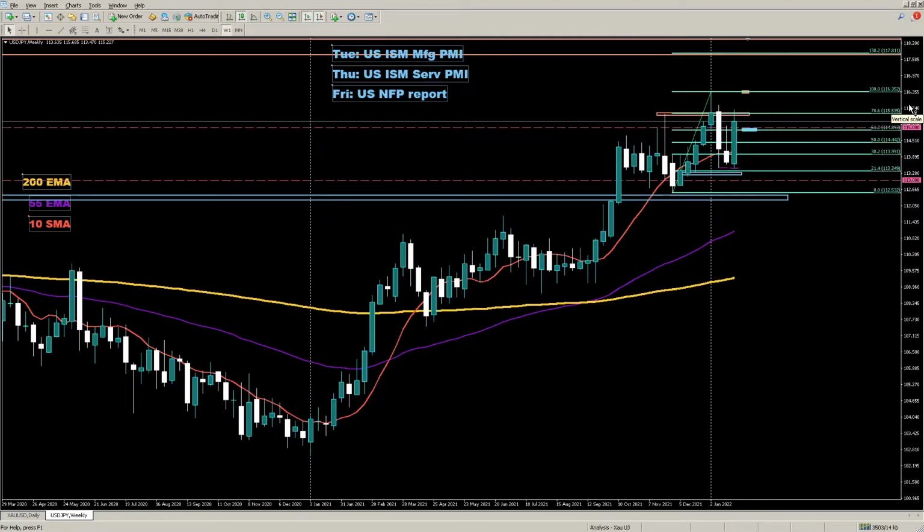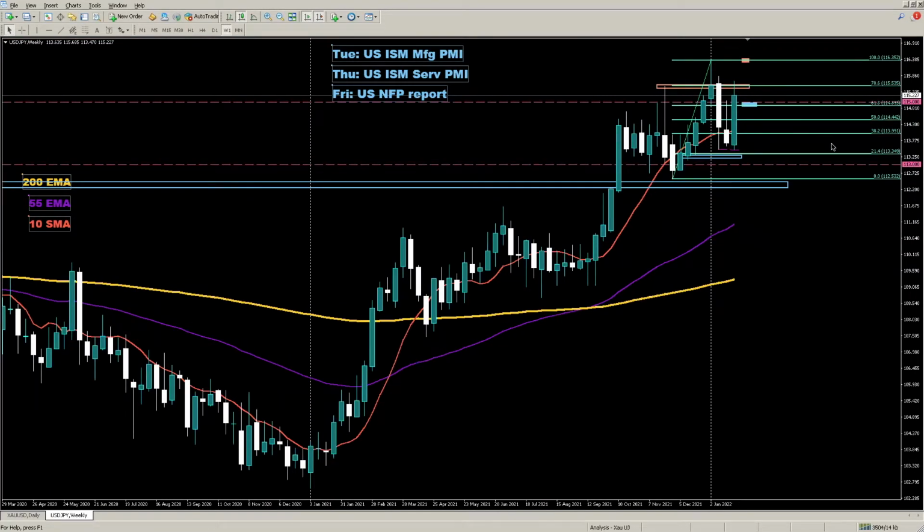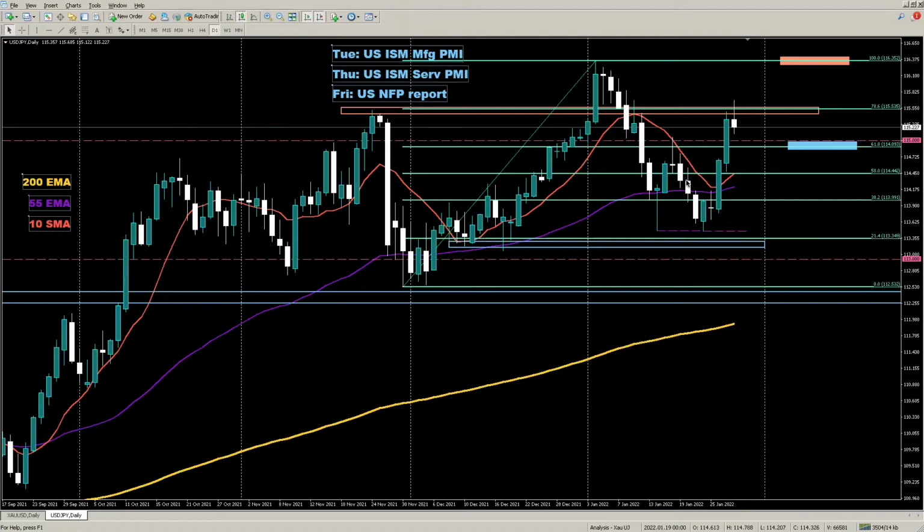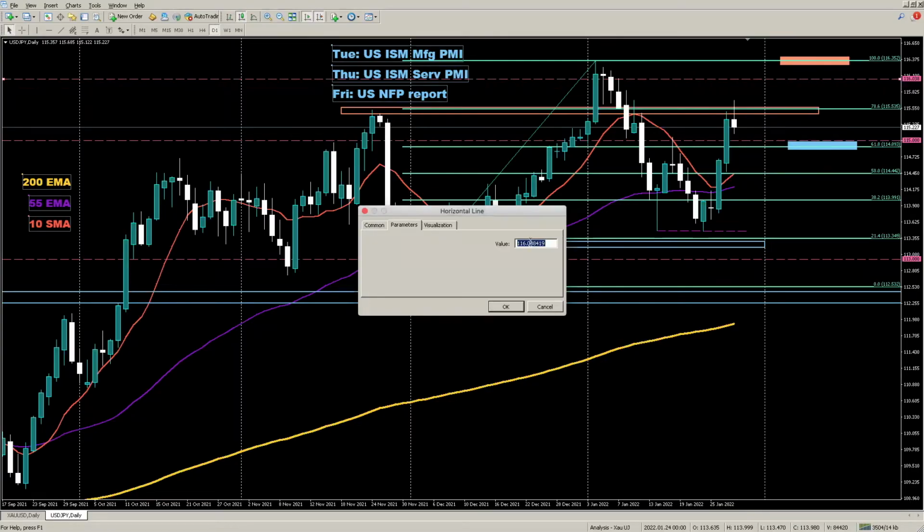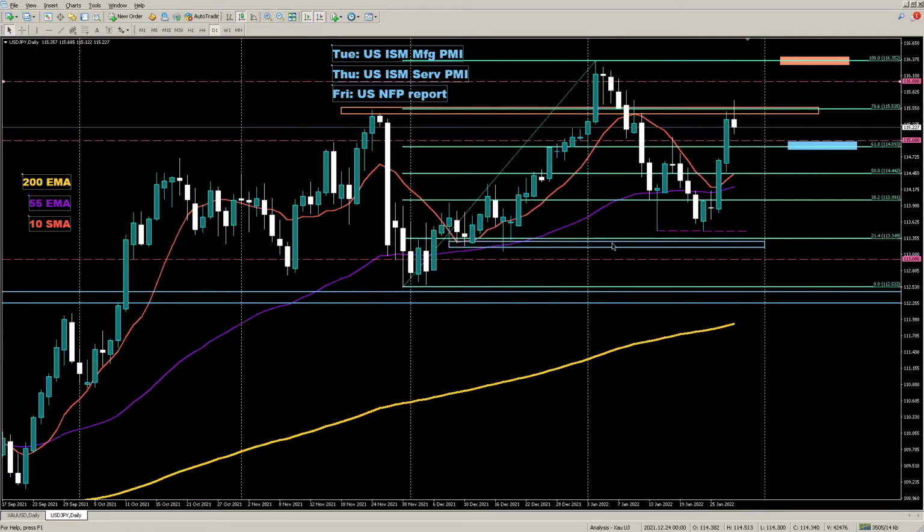It may not be able to break through much higher, so it depends on the US dollar strength. We can also add a 116 round figure here, with the 115 area as support, along with the 38 fib retracement.